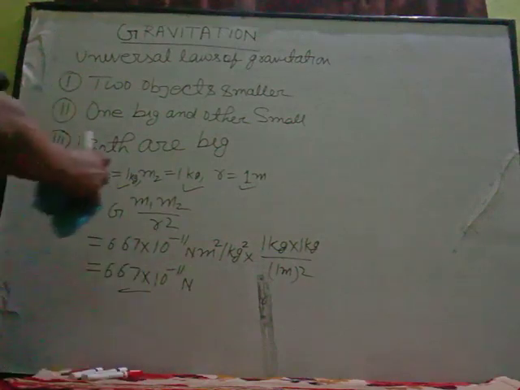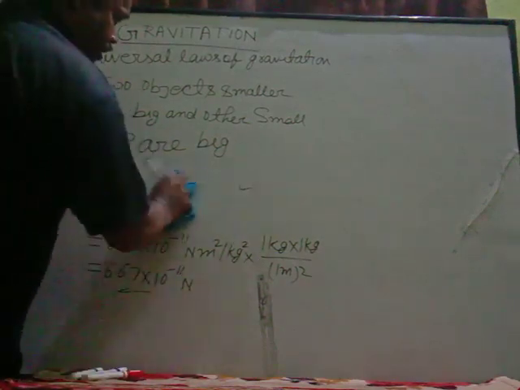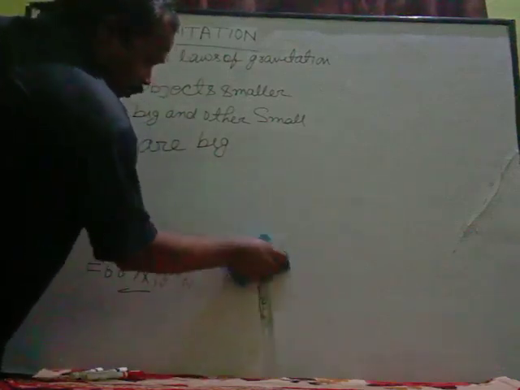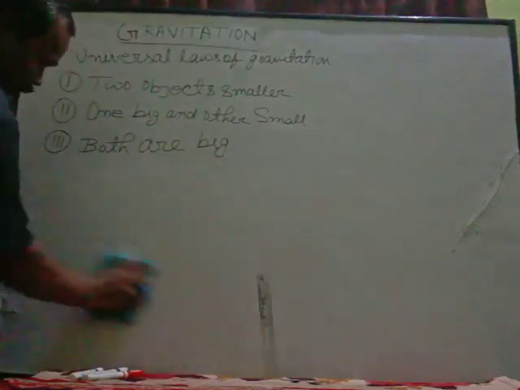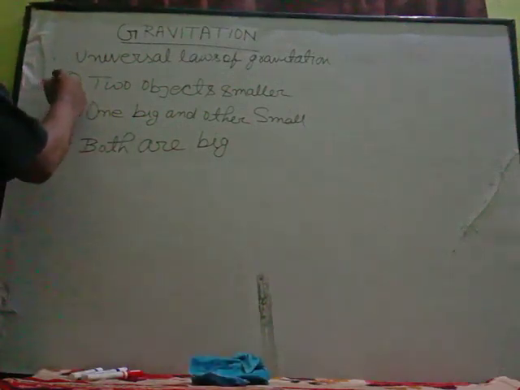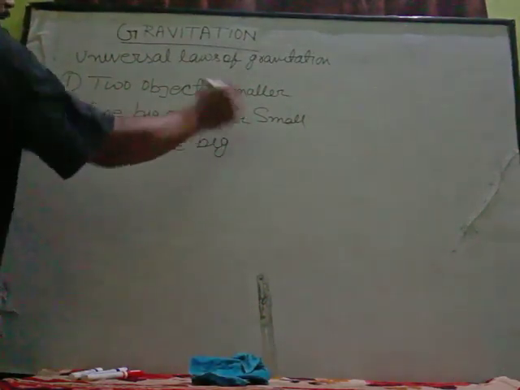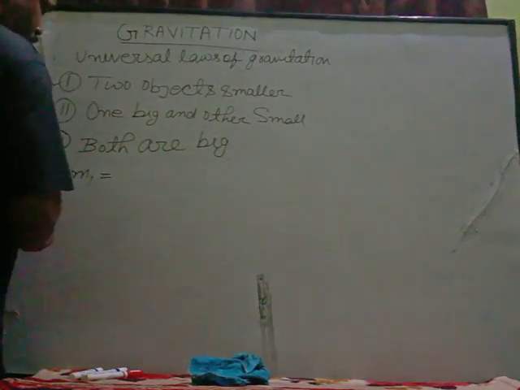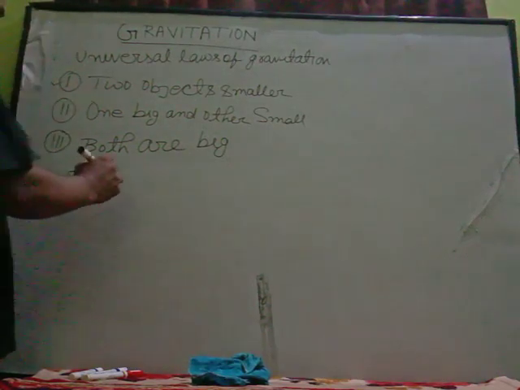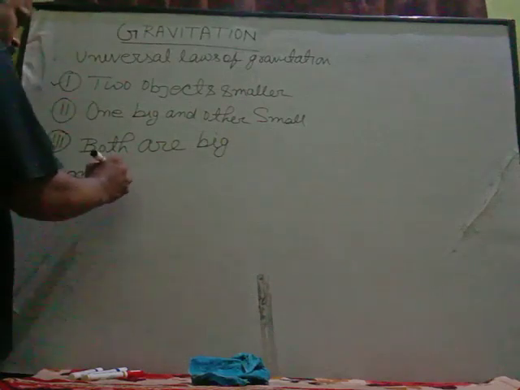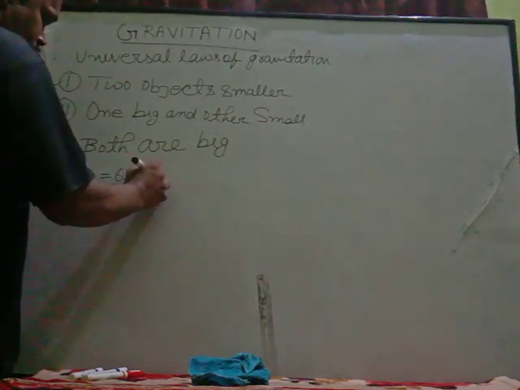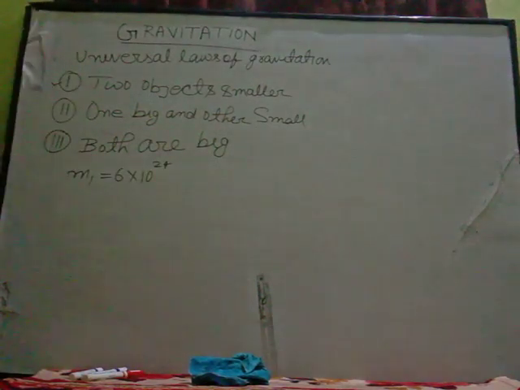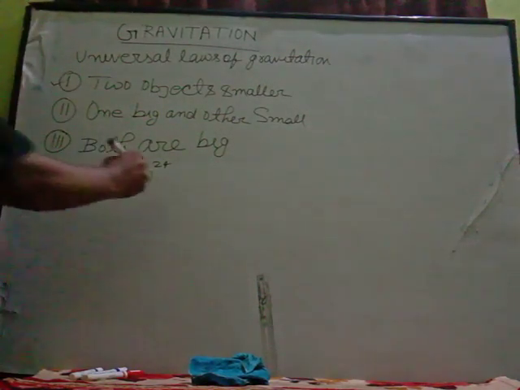Now suppose one is bigger and second is smaller. Suppose m1 is equal to mass of the earth, 6 into 10 to the power 24 kilogram.